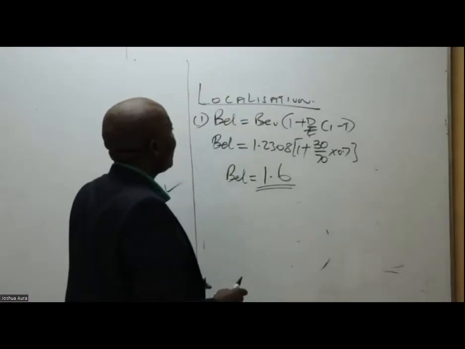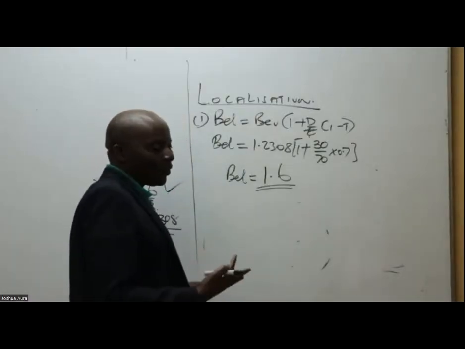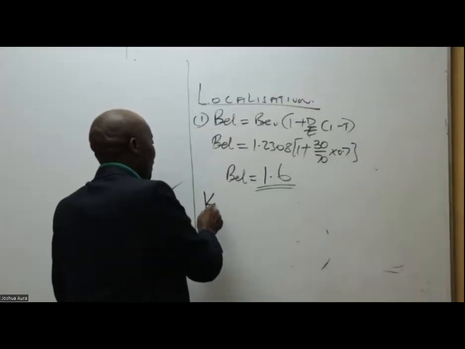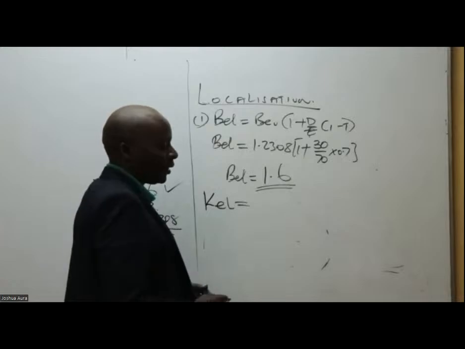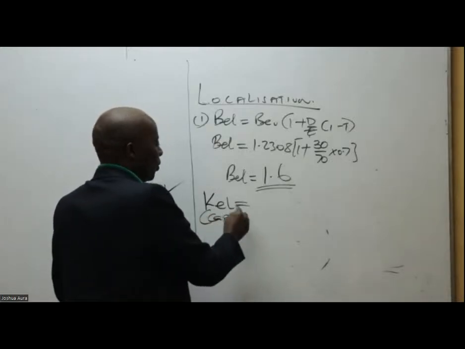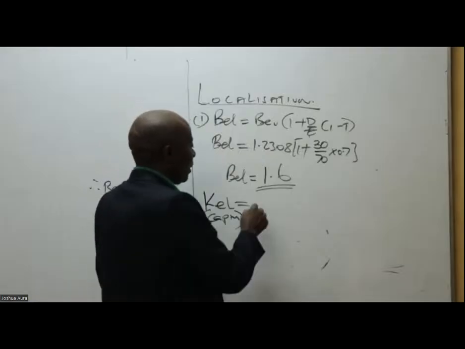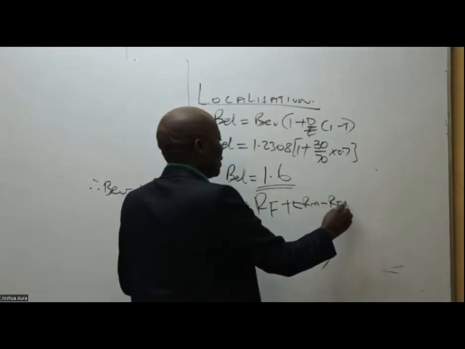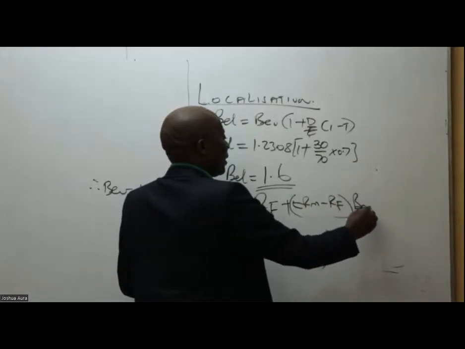So after localization, still on Roman 1, the next thing should be CAL. For CAL, we are using CAPM. So CAPM is risk-free plus expected return of the market minus risk-free, multiplied by BEL that we have just obtained.